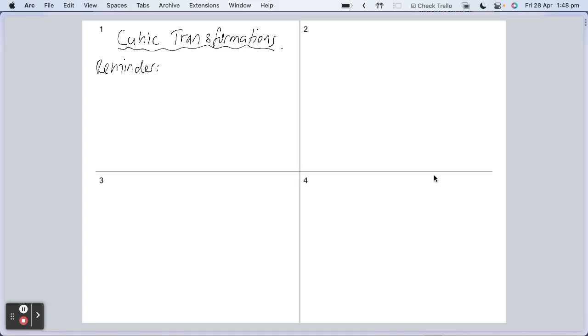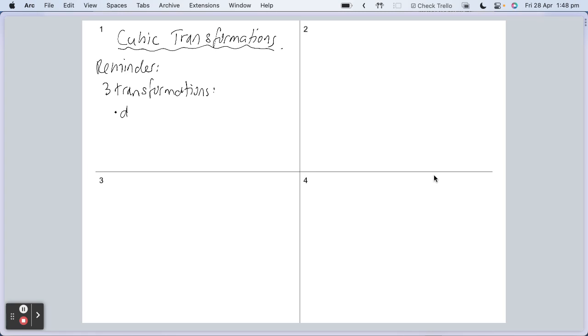So we first came across transformations when we were looking at quadratics. There are three kinds of transformations. Who can give me one of them? Is that you, Alex?